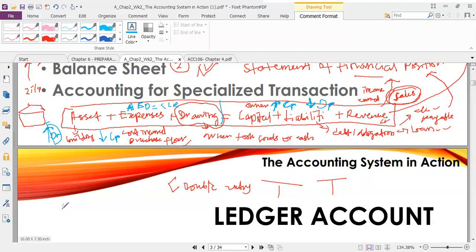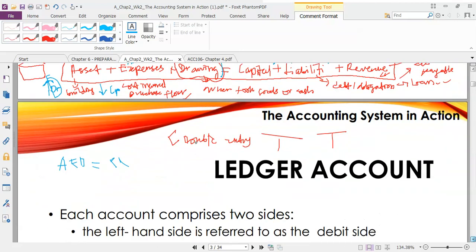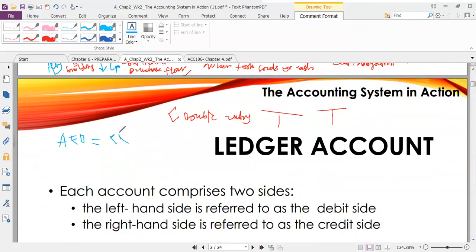So kena ingat betul-betul, AED is equal to CLR. So AED if increase, we must put in debit side.